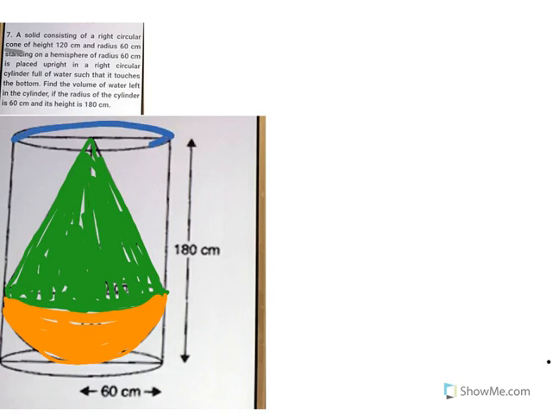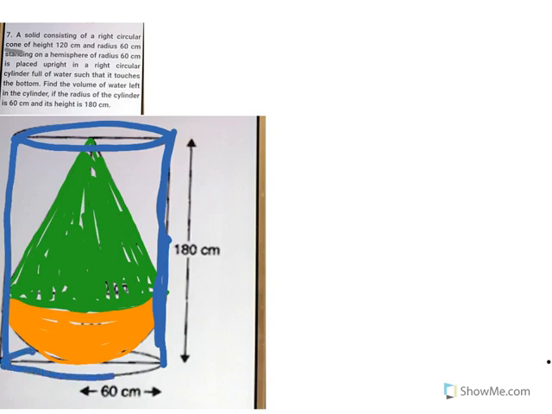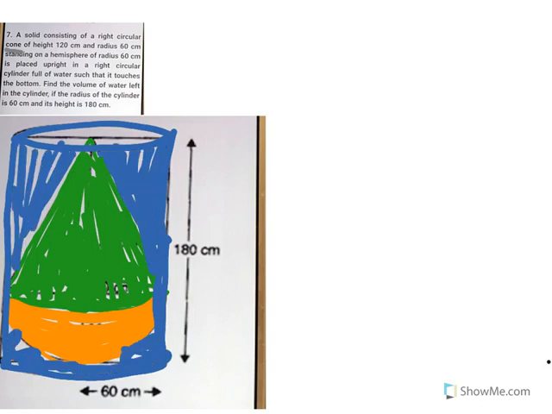So it is placed here in this cylinder, which was filled with water. Now we must know this is the water here. So our sum is about finding the volume of this water left in the cylinder.